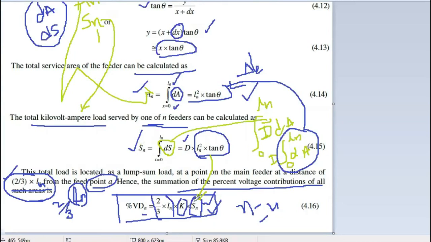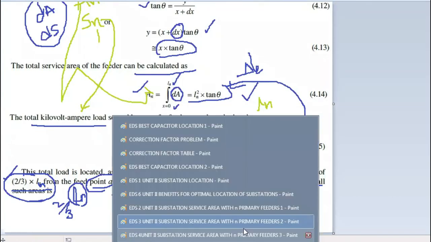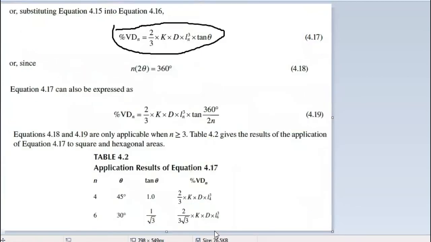In place of Sn you substitute d into Ln square into tan theta in this formula. So 2/3 multiplied by Ln multiplied by K into Ln square tan theta into d. Then Sn is eliminated and d into Ln square tan theta comes. Ln square is already there, and with the extra Ln it becomes Ln cube. So now it is Ln cube tan theta d into K.